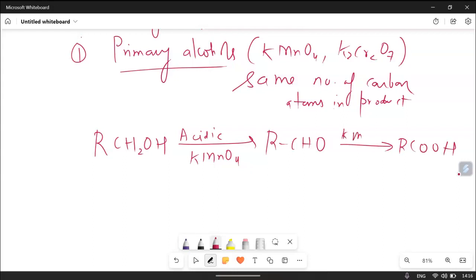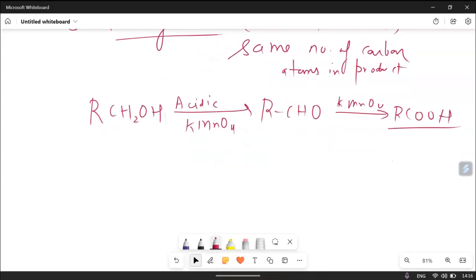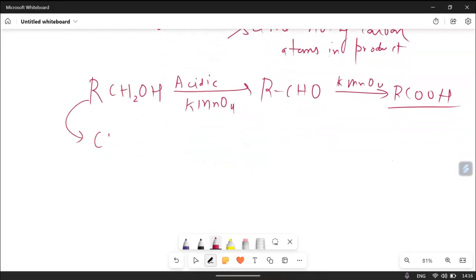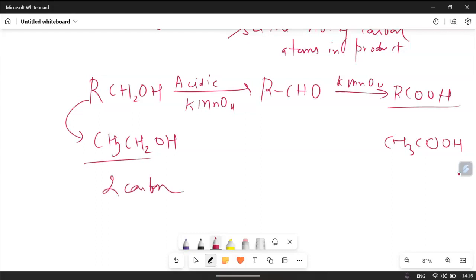So this is the same number. You can write down an example: CH3CH2OH will form acetic acid, CH3COOH. So here 2 carbons and the result also 2 carbons.